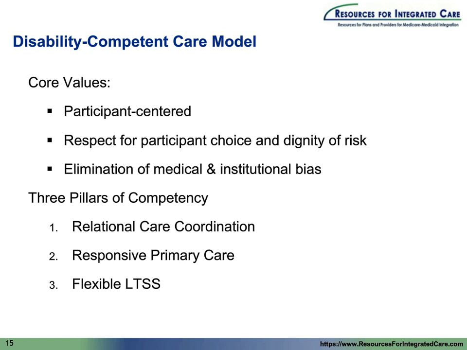We try to change from the institutional paradigm to a person-centered paradigm, removing medical and institutional bias. And as Chris said, the 3 pillars of competency are relational care coordination, responsive primary care, and flexible long-term supports and services.